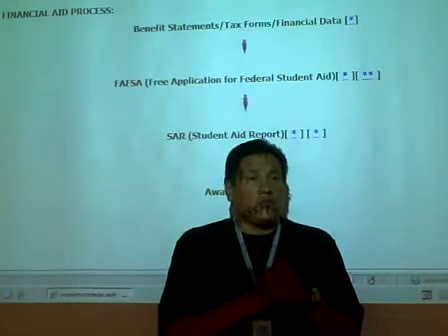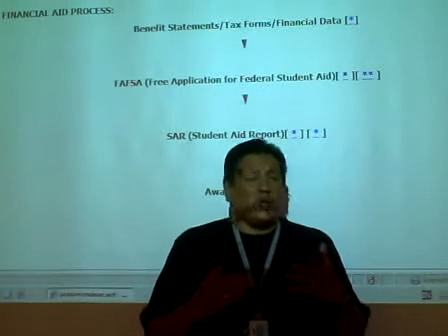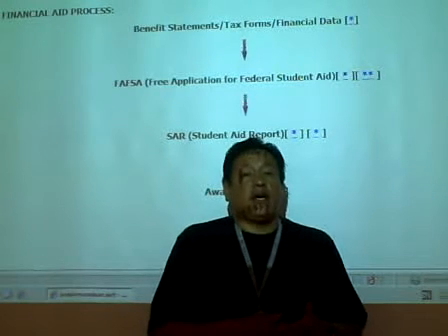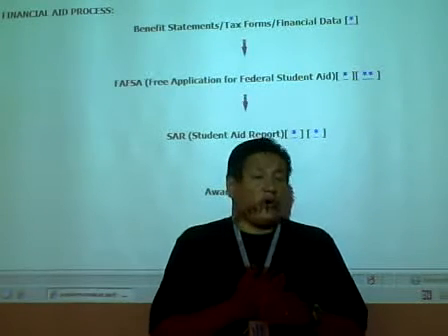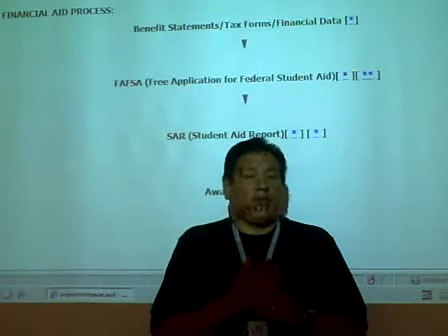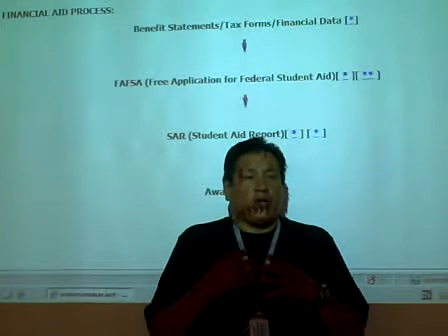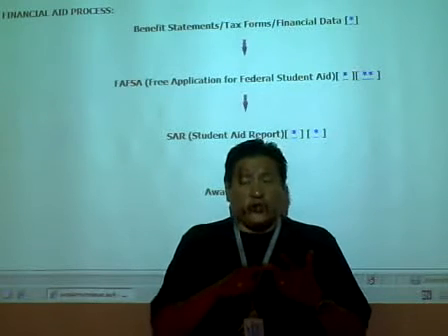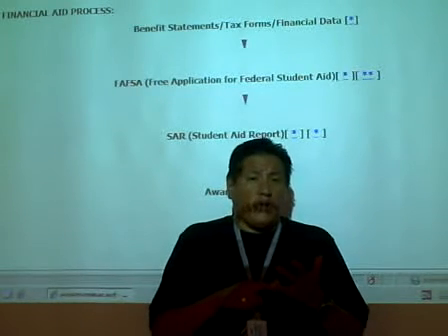After that, somewhere around the middle of March, maybe even April, you're going to get an award letter from your college or colleges that you sent information to. It'll summarize what they're going to offer you in terms of federal and state grants, as well as loans. Work study will be included.